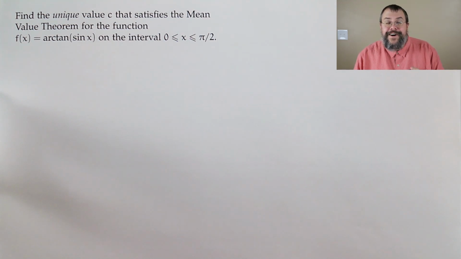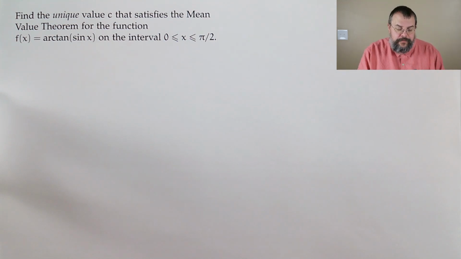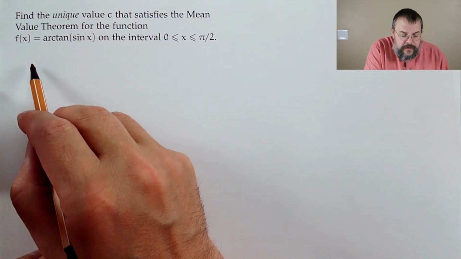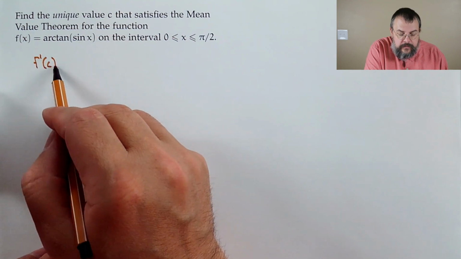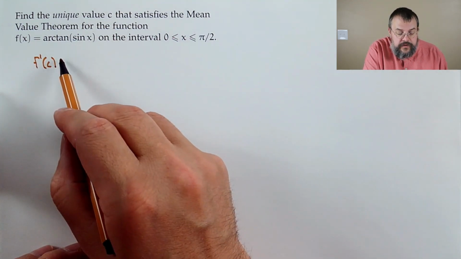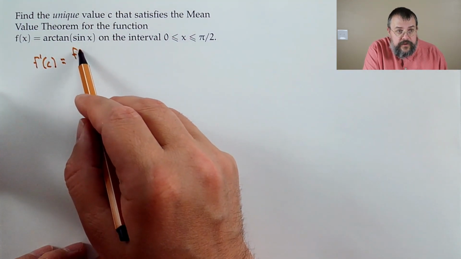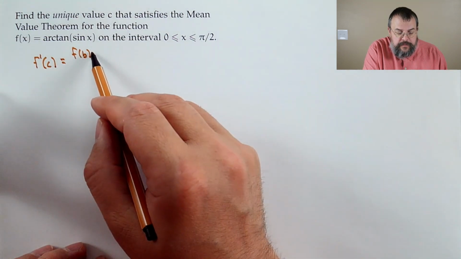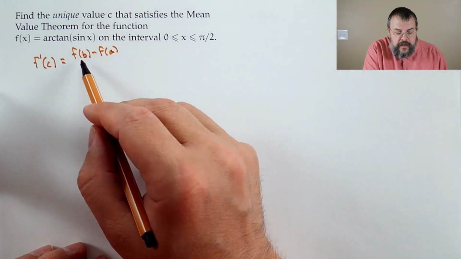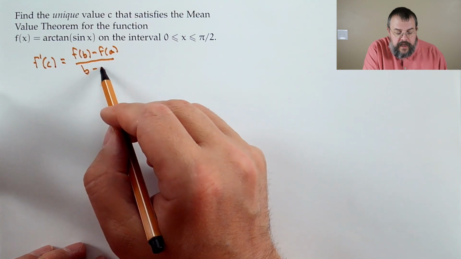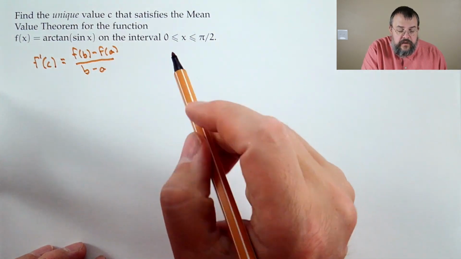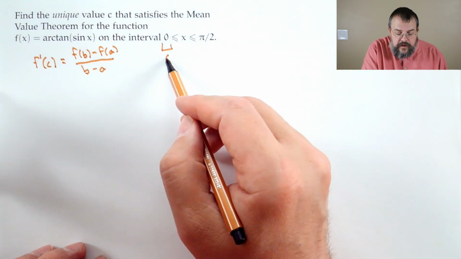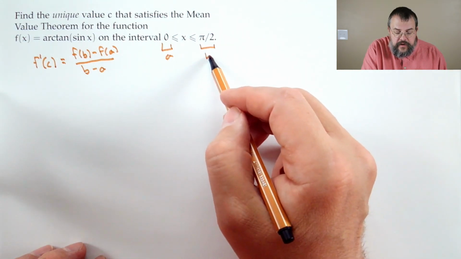But we can. All right, so let's think about what we need to do. The basic setup: we need to figure out all the places, in this case the one place, where the derivative is equal to the average rate of change. So f of b minus f of a, divided by b minus a. We're going to plug in the a and the b. So 0 is our a, pi halves is our b.